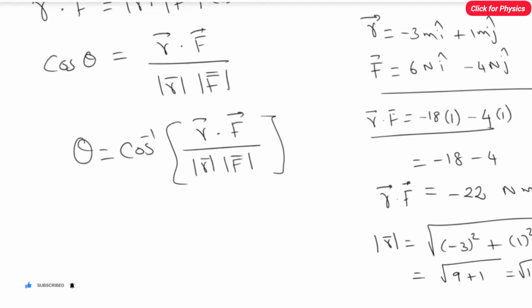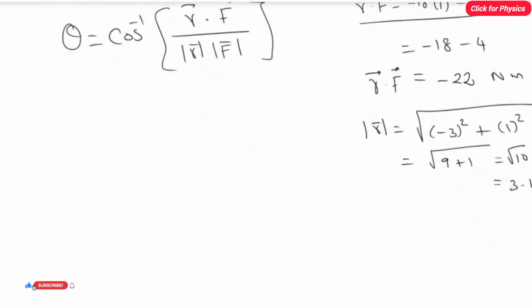So we got root 10, which is equal to 3.16. Let me check one more time. Yes, I got 3.16, so root 10 is nothing but 3.16. The unit is meter.